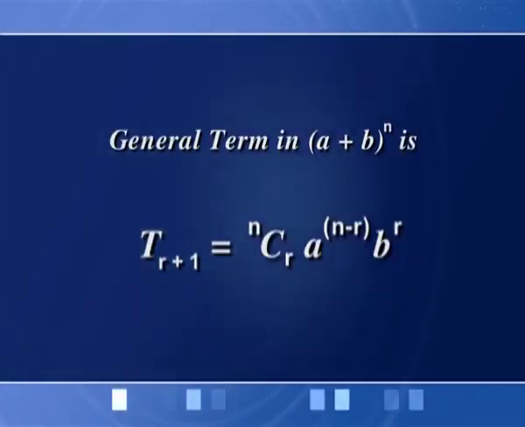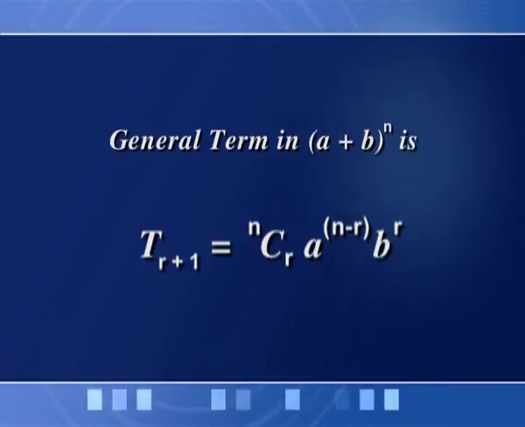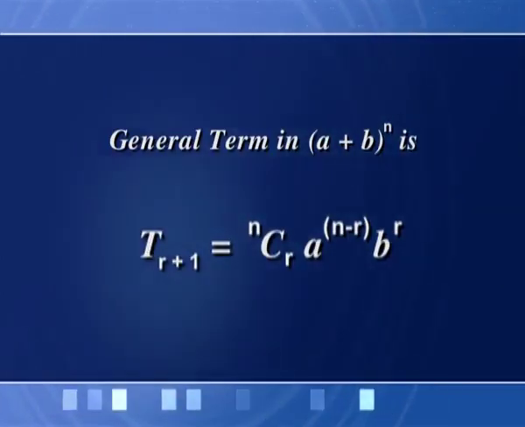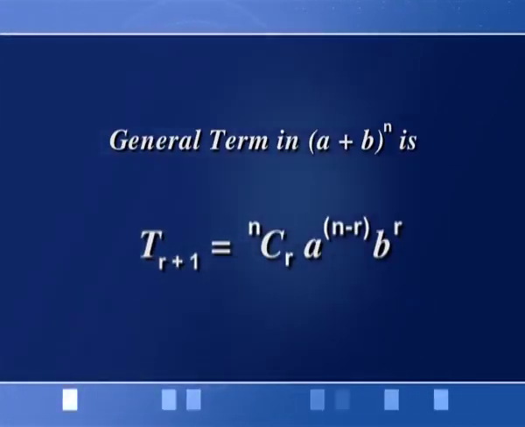The formula of general term is T(r plus 1), which is equal to nCr, a raised to the power n minus r and b raised to the power r. So here in place of r we are having value 4. Why are we having value 4 here?